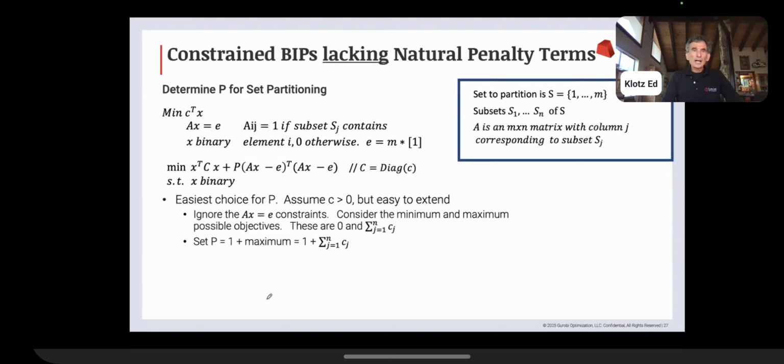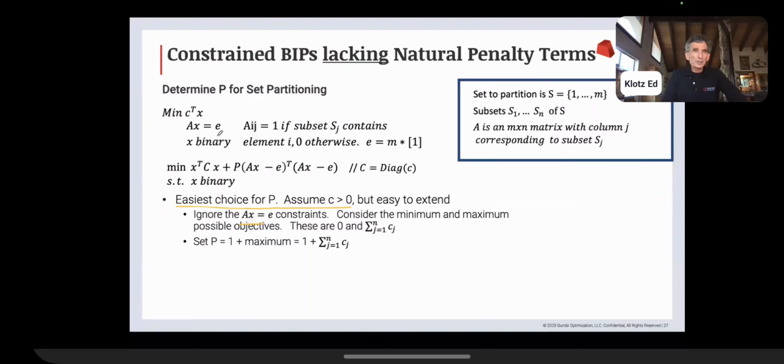All right, so let's start with an obvious choice. Let's assume that our objective is positive, but it's not hard to extend. Let's just ignore the constraints. Consider the resulting trivial problem and the minimum and maximum possible objectives.